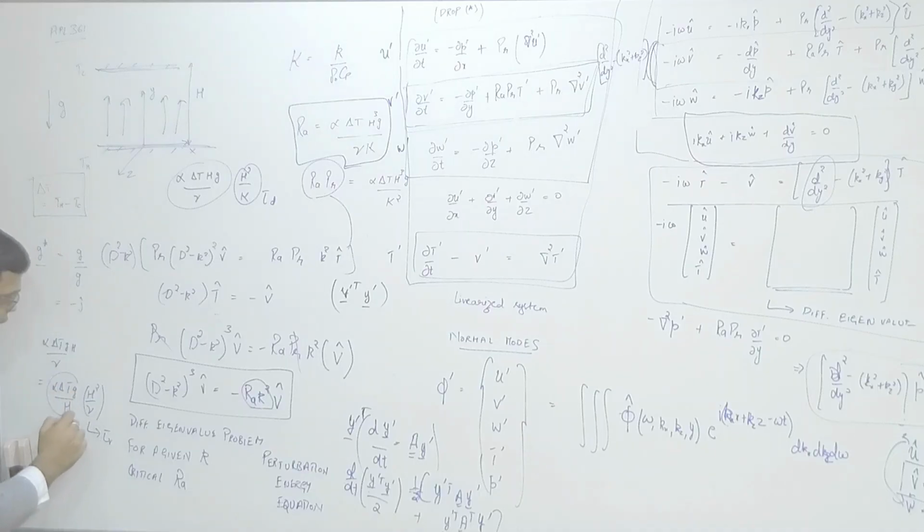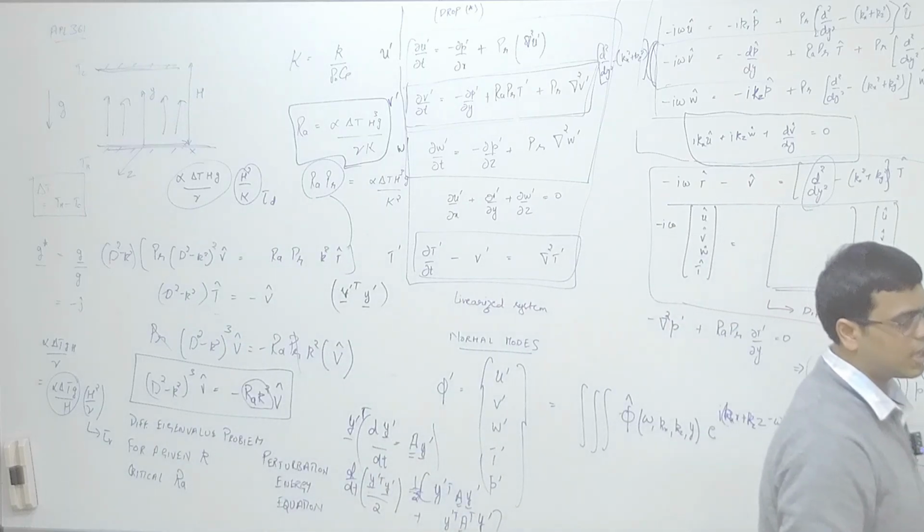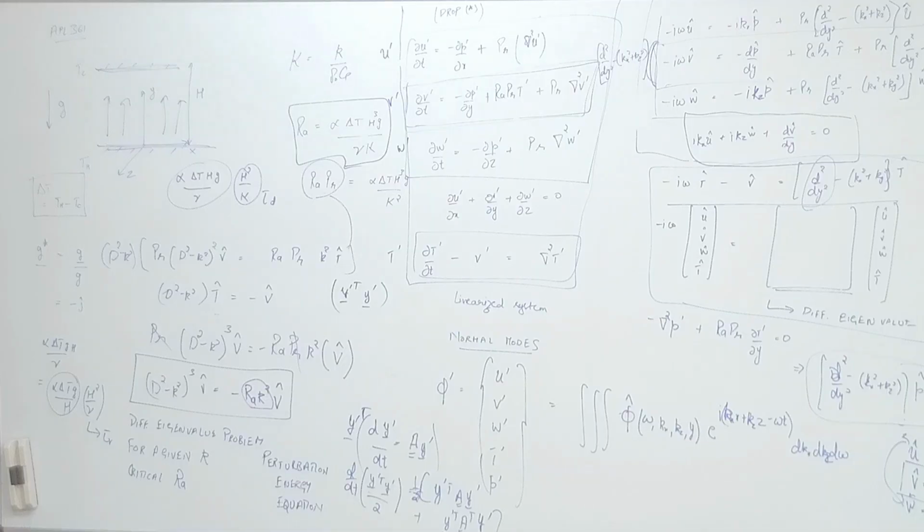What is alpha delta t g by h? What are the dimensions of alpha delta t? This alpha is not thermal conductivity. This alpha was thermal expansion coefficient. Alpha we defined as rho minus rho naught by rho naught equals minus alpha delta t. So alpha delta t is unitless.